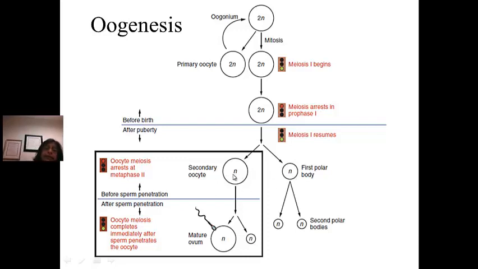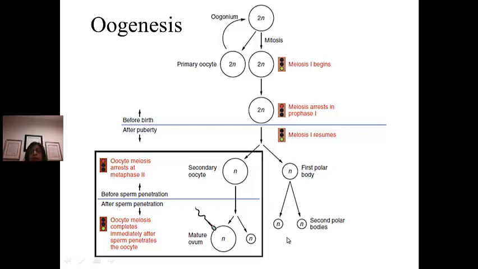The secondary oocyte will begin meiosis II. In the first polar body, the chromosome numbers are the same as in the secondary oocyte, but the amount of cytoplasm is very little. This may undergo further cell division to become second polar bodies, but they will not survive.